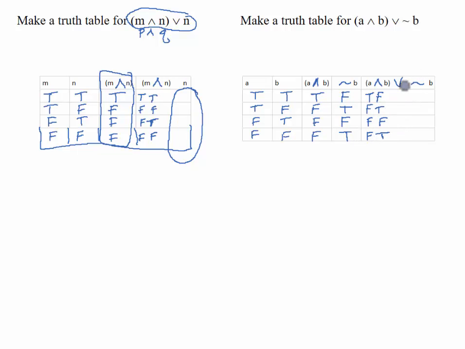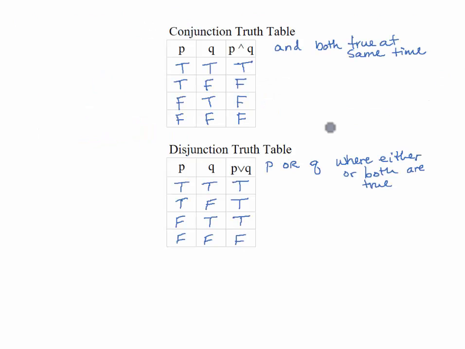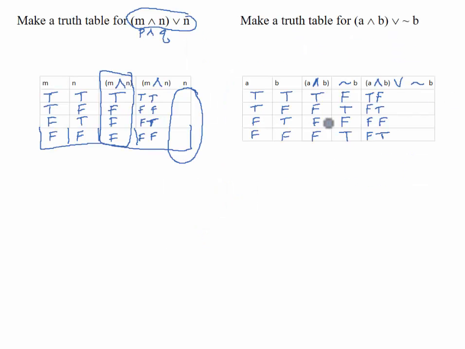Okay. Now I'm thinking about a disjunction. So let's go back and look at my disjunction truth table. For a disjunction, it was always true unless I had two falses. Then it was false. When I had two falses, my final answer was false. Otherwise, it was true.